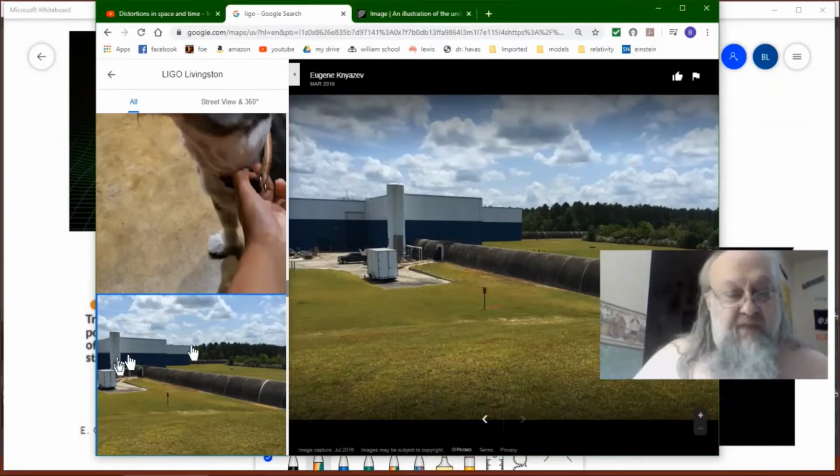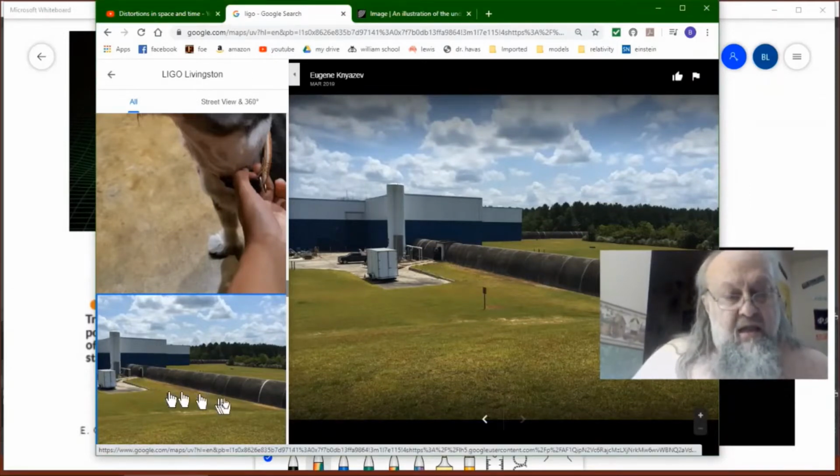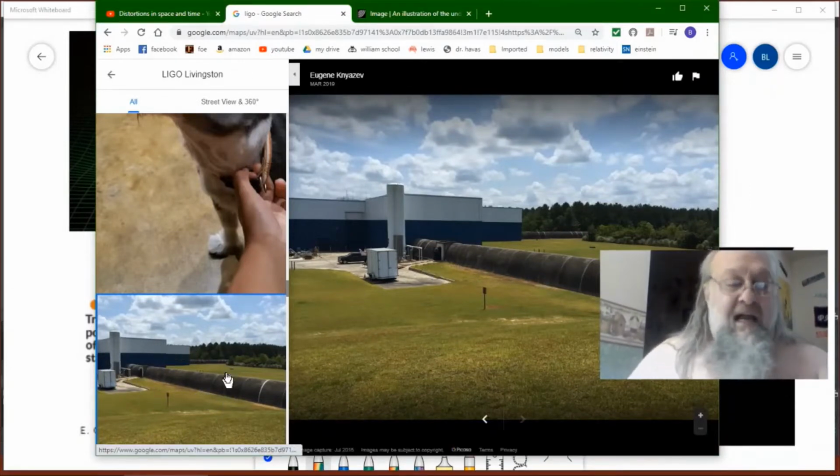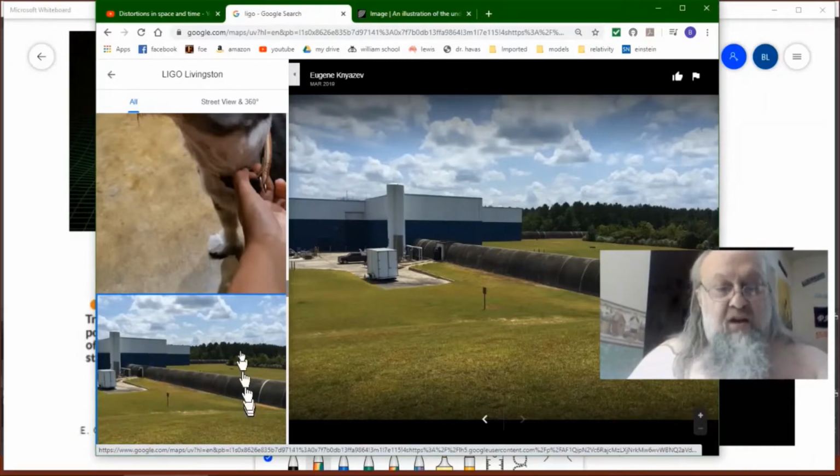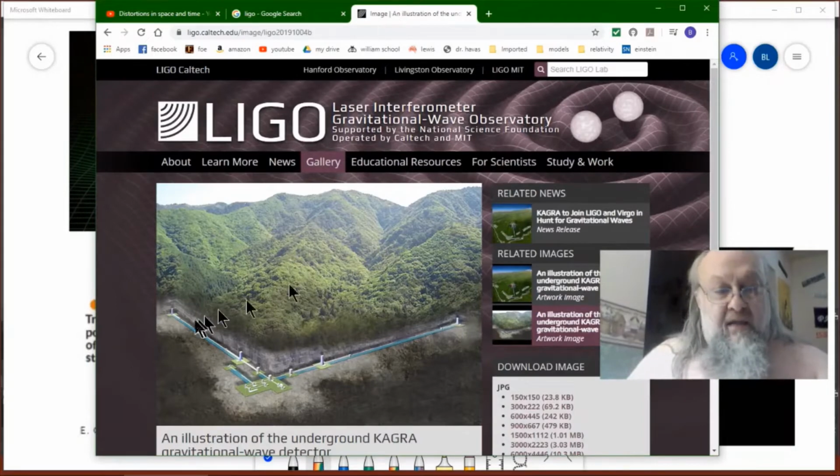And here's a picture of LIGO. What they did is, this building has two arms, one that goes out that way and one that goes out another way. And that way, when gravity is pulling back and forth on this one, it gets shorter and longer.